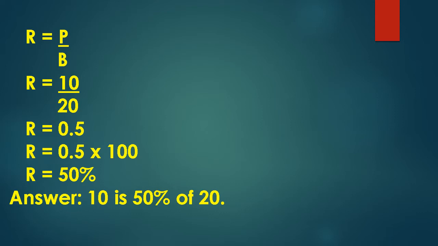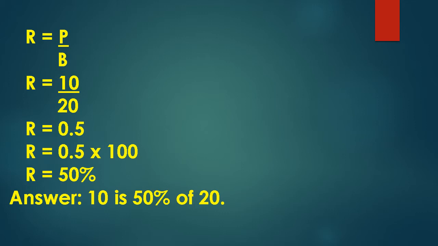So R is equal to P over B. We are going to substitute P as 10 and B is 20. So R is equal to 10 divided by 20. So 10 divided by 20, the answer is 5/10.